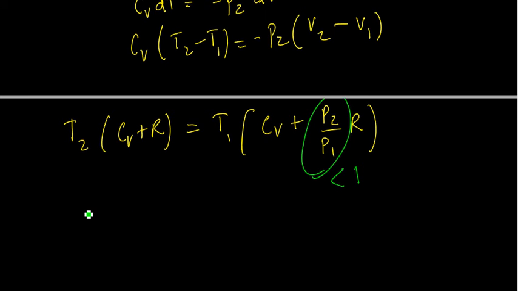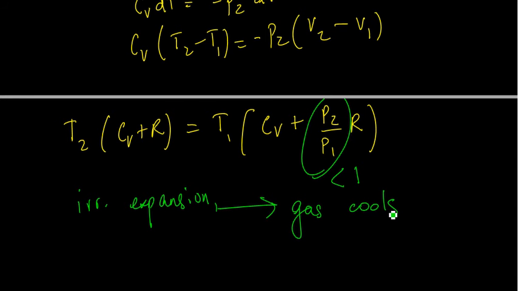So again, even in case of irreversible expansion, gas cools. Now the question is, does it cool more in case of the reversible expansion, or does it cool more in case of the irreversible expansion? More in reversible.